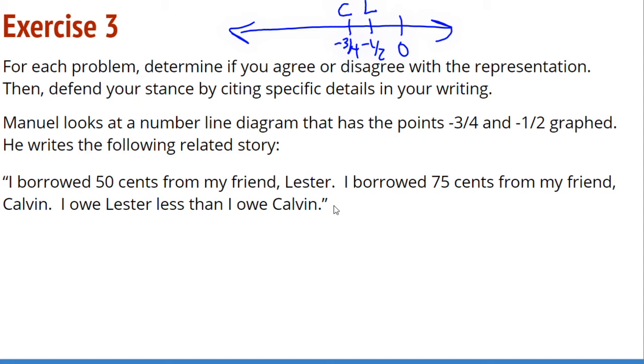So Lester was 50 cents and Calvin is 75 cents. So I owe Lester less than I owe Calvin.